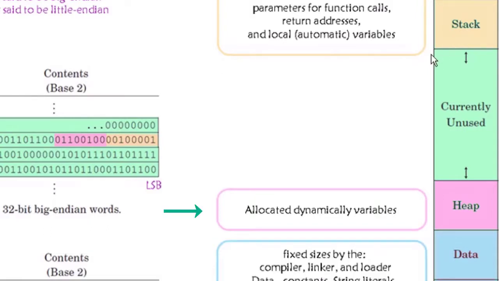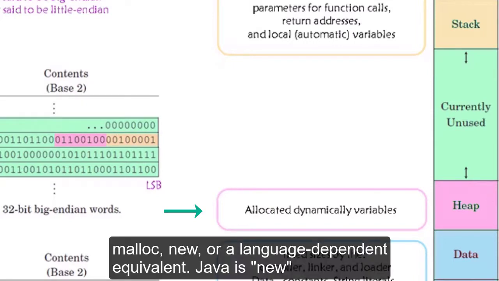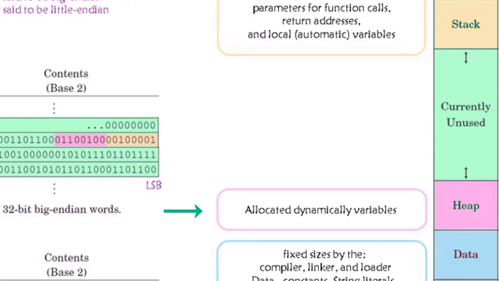Now let's look at dynamic variables. Dynamic variables are allocated from the heap, using malloc or new or a language-dependent equivalent. In the C language, you commonly see malloc, so it will be in this region.